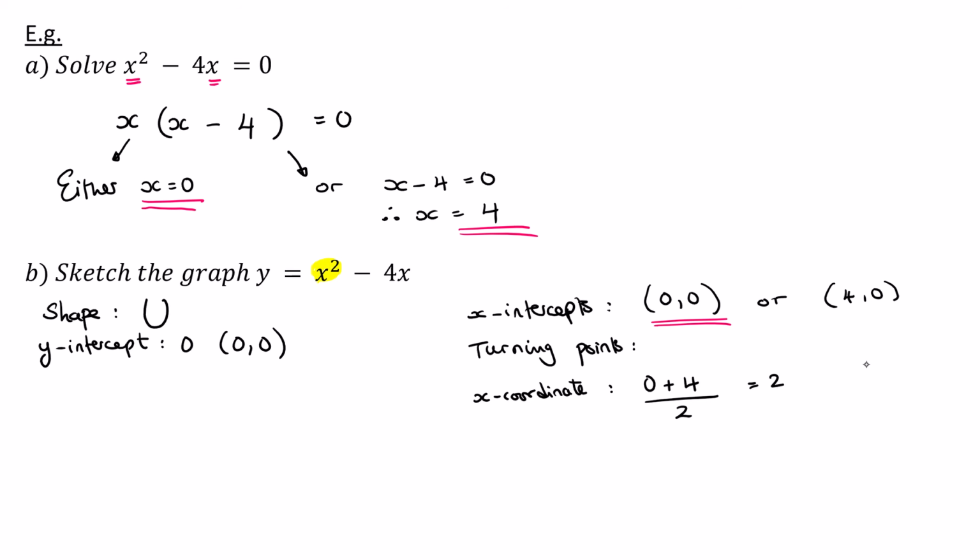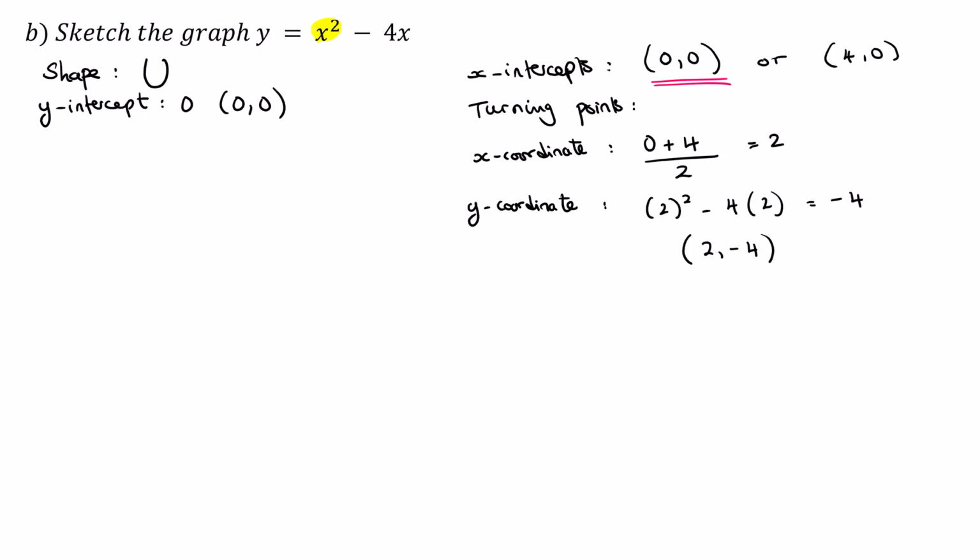And then we substitute this into the equation of the graph. So that's 2 squared minus 4 times 2. 2 squared is 4. Minus 8 is minus 4. So the turning point has a coordinate of 2, negative 4.